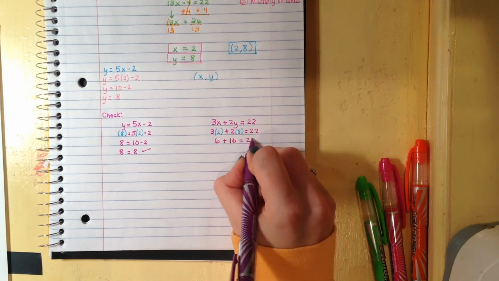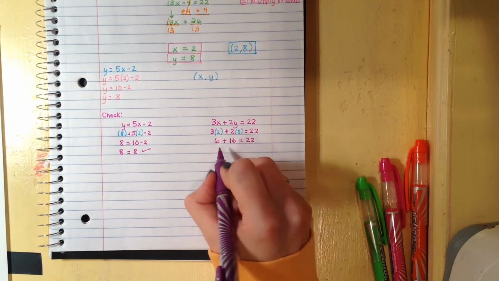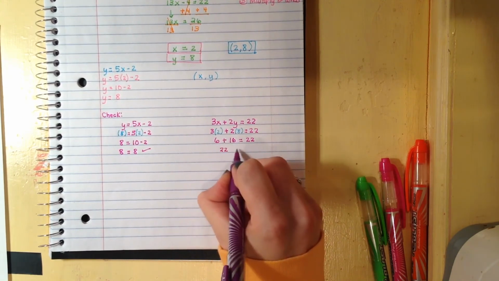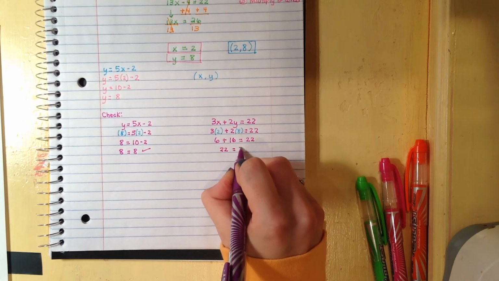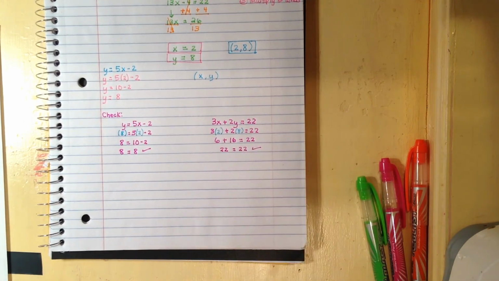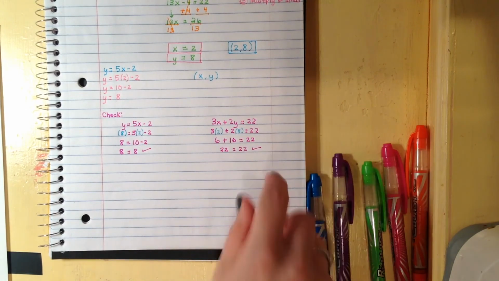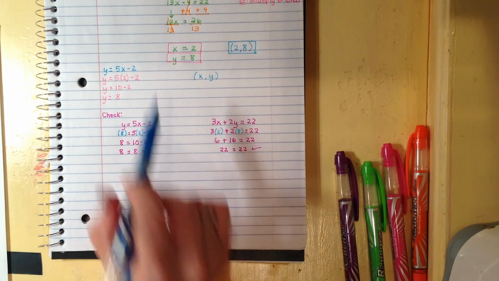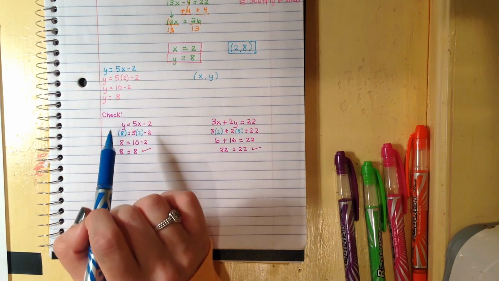And I bring down what's on the right side, which is 22. 6 plus 16 is 22. And I bring down what's on the right side. 22 equals 22. Now you are 100% sure that the ordered pair 2, 8 is a solution to this system of linear equations.